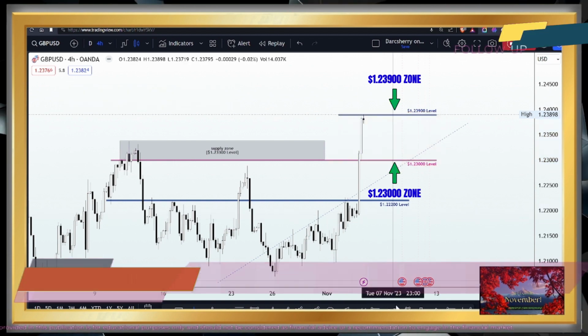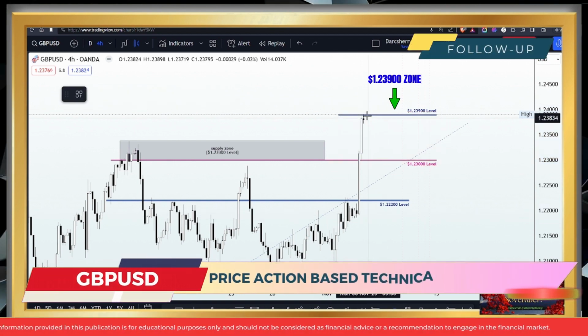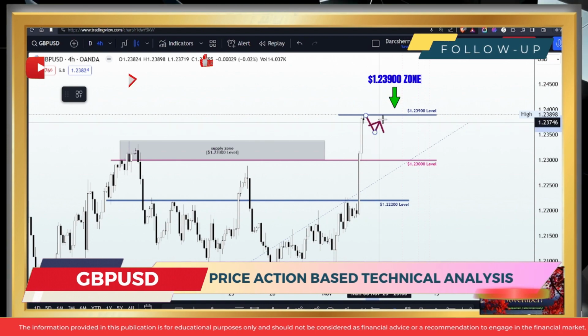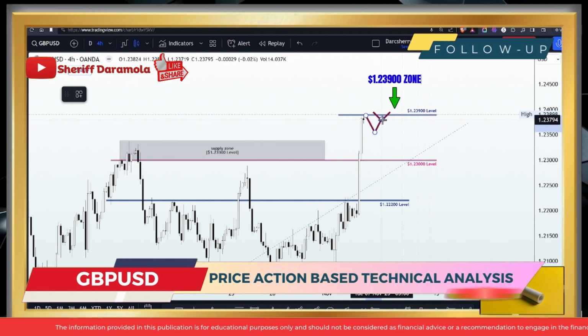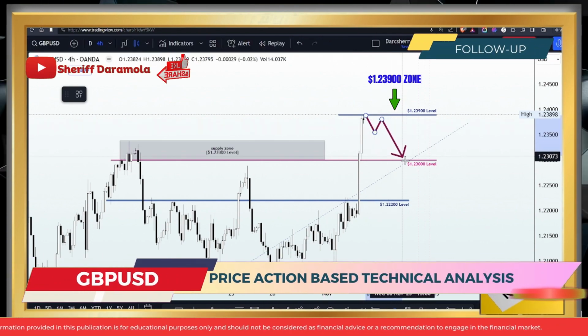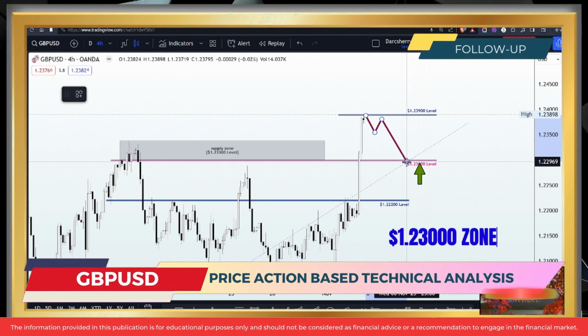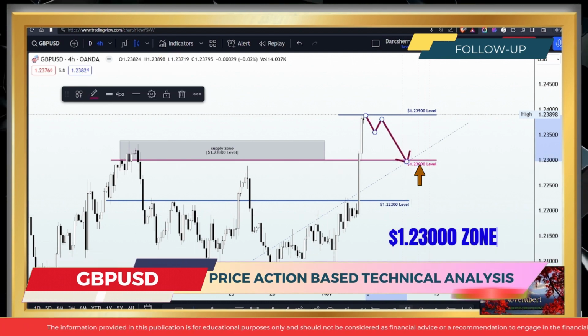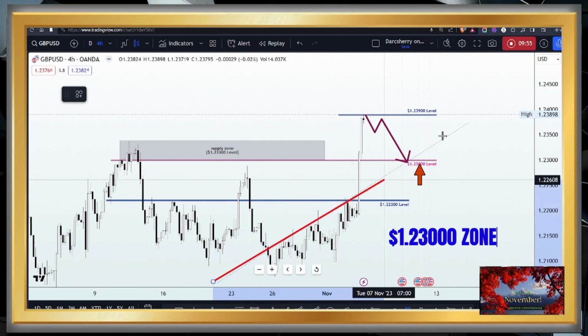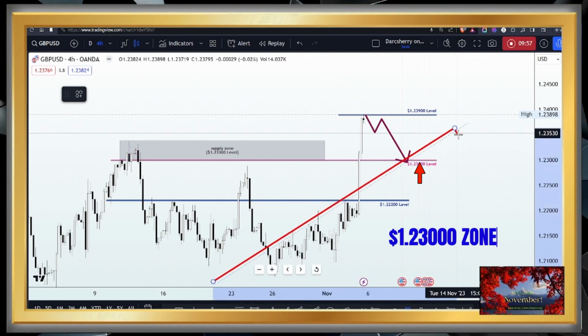So we might likely see a situation where price could retrace if selling pressure persists below the 1.239 back into the former supply niche, which interestingly shares a confluence with this ascending trend line I was able to spot here.